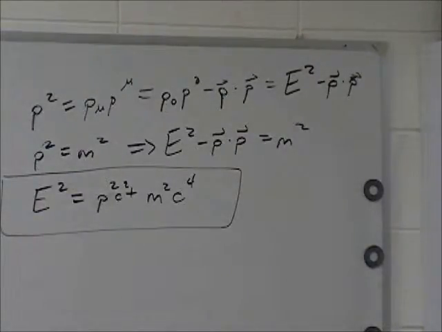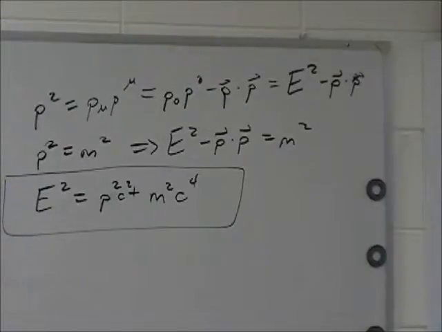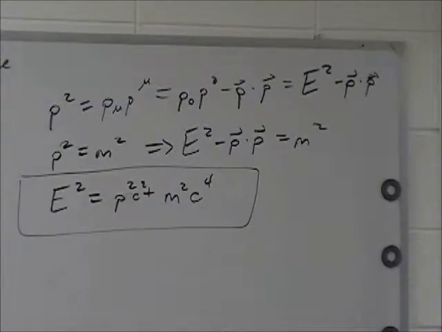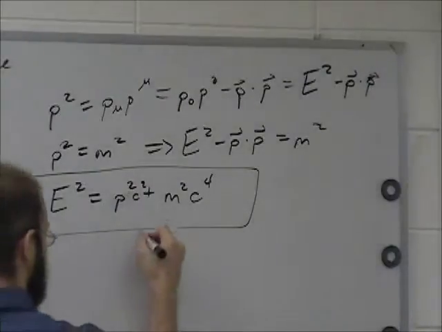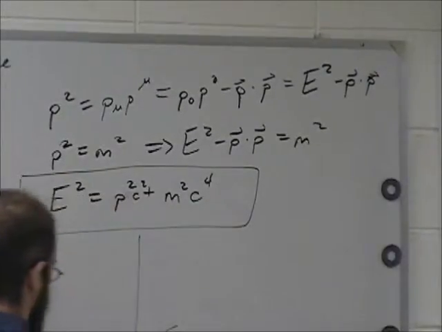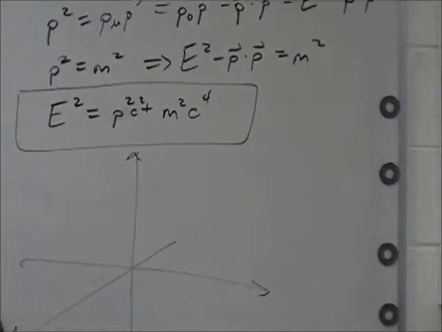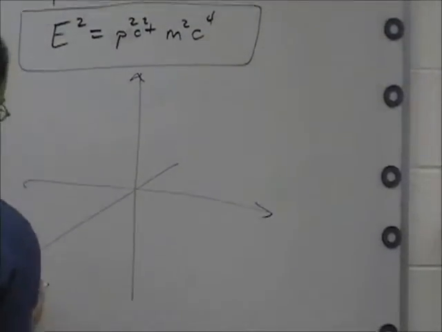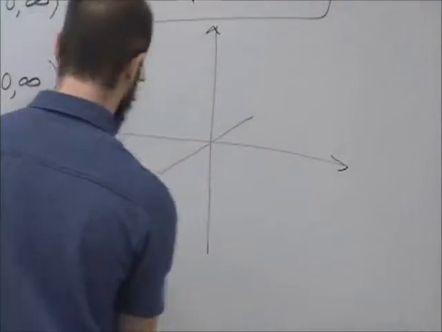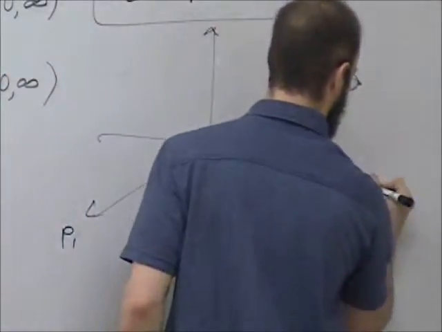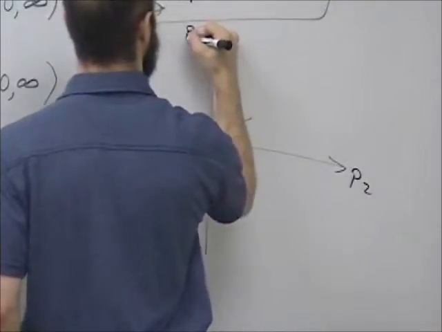These things come from the orbits of this group. This is where they originate. Let me draw. I'm in the dual space, so I get to write it like this: P1, P2, and P0.